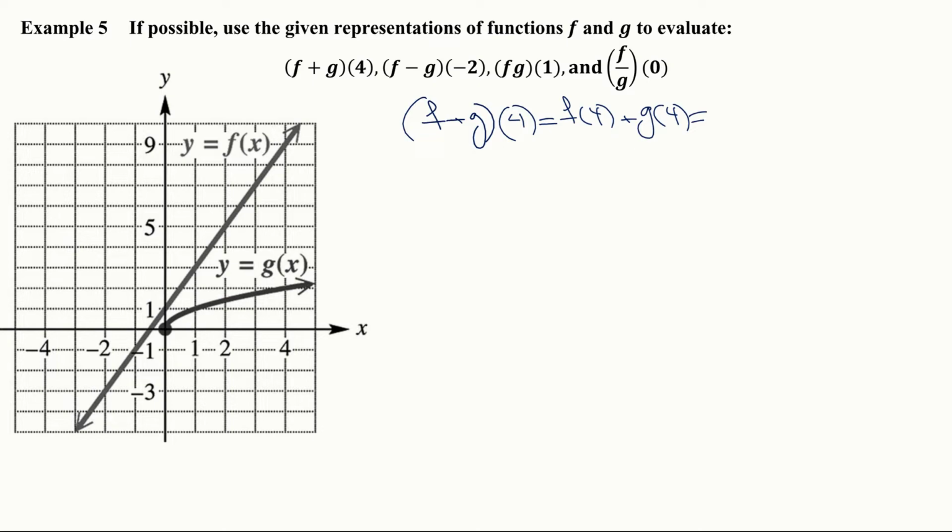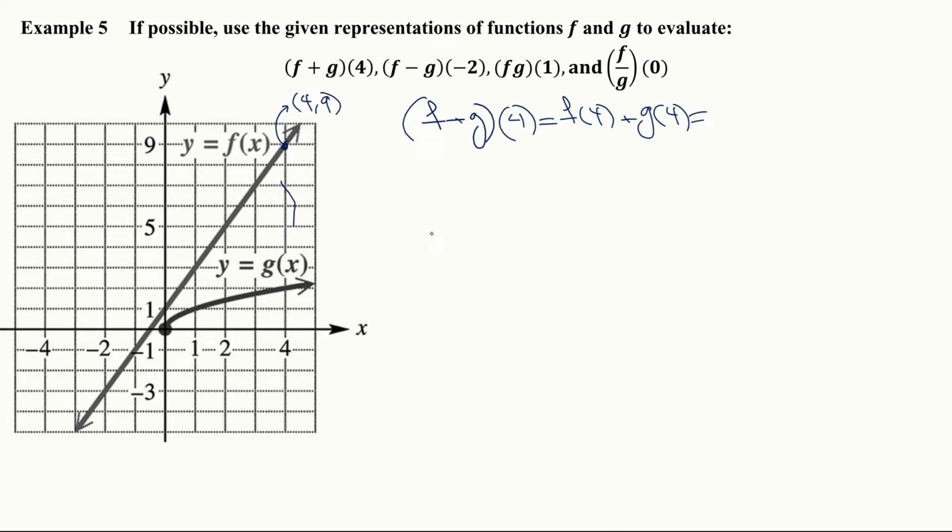According to this graph, when the input is 4, we go straight up till we hit the graph of f, and then go straight left till we find what the output is. And we can see the output would be 9. So 4, 9 is a point on this graph. That's 4, 9.